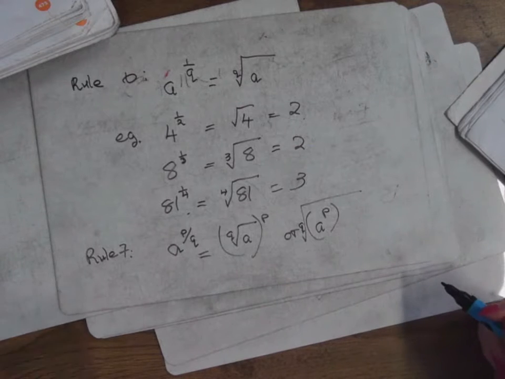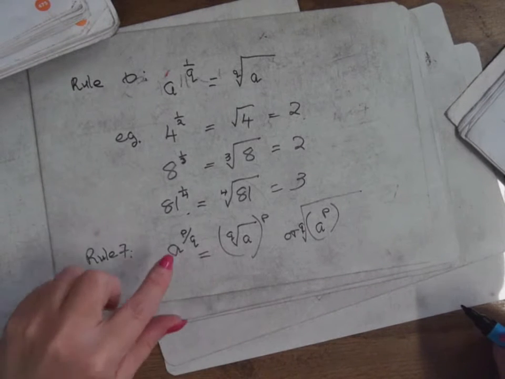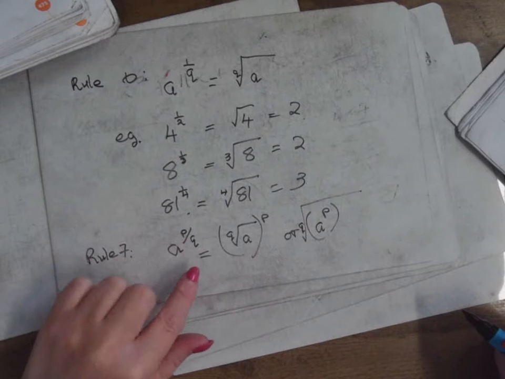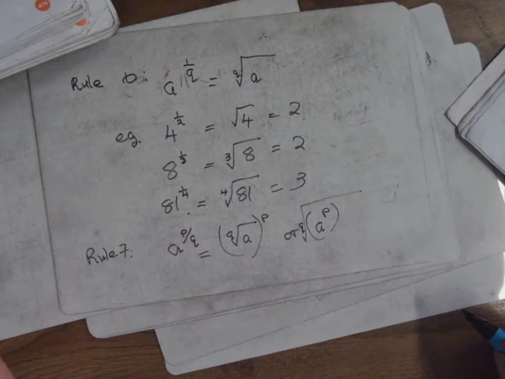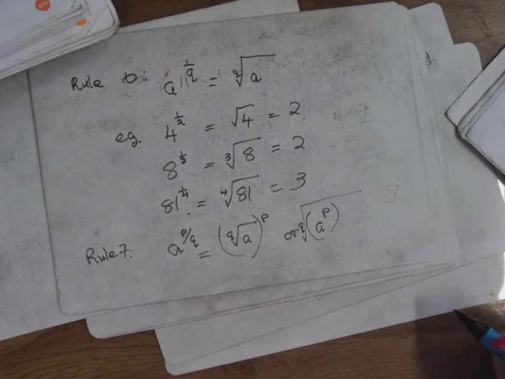So it doesn't matter which one you do first, is basically what the rule is saying. You can put it to the power of p first and then get the root of the answer, or you can get the root first and then put it to the power of p.